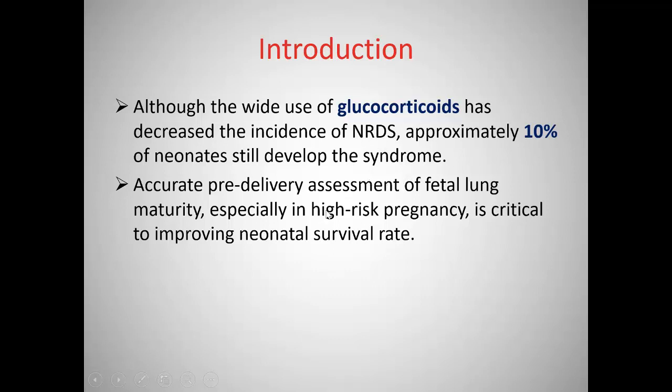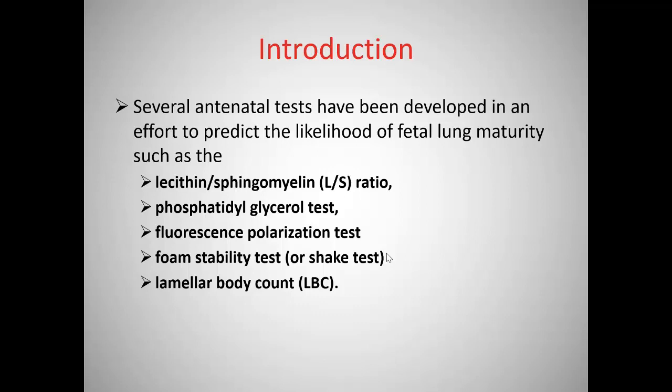Accurate pre-delivery assessment of the fetal lung maturity, especially in high-risk pregnancies, those in whom we have to do an elective cesarean section, for example, is critical to improving the neonatal survival rate. Several antenatal tests have been developed in an effort to predict the likelihood of fetal lung maturity, like the lecithin and sphingomyelin ratio.